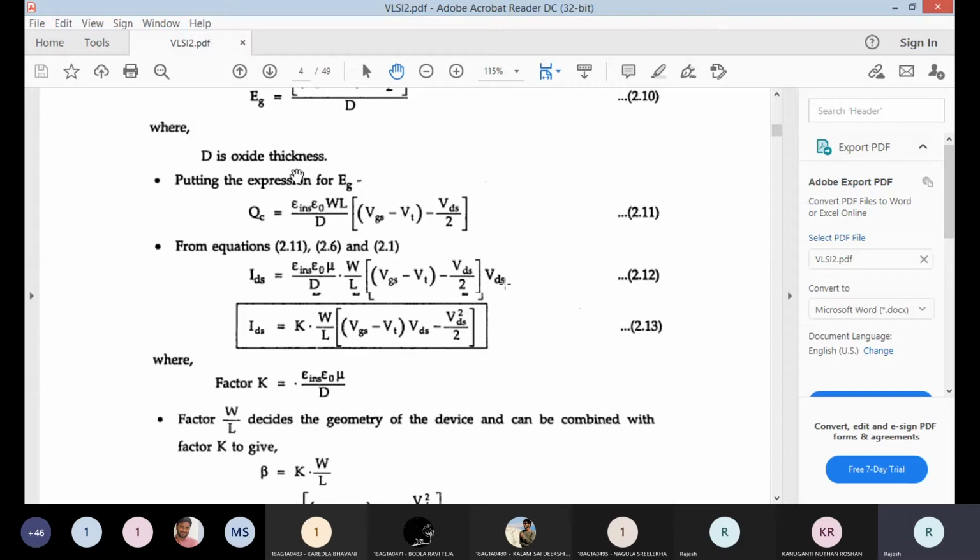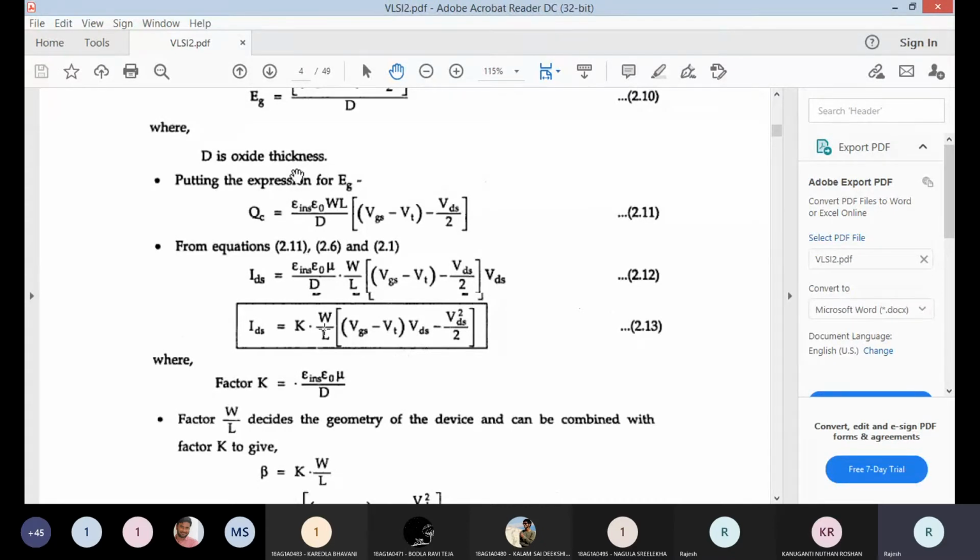The K transconductance constant is taken as epsilon insulator epsilon naught mu by D. So the first parameter K is epsilon insulator epsilon naught mu by D into W by L into remaining term. Now if you see here, current is directly proportional to width. What is width? Width is nothing but the width of polysilicon.